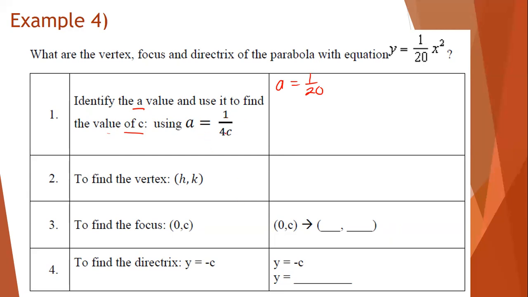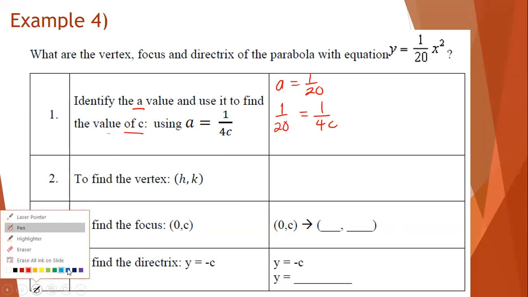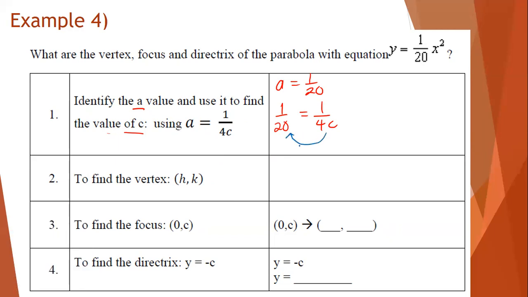And since a equals 1 over 4c, we have 1 over 20 equals 1 over 4c. And in this case, it's pretty straightforward. You can ask yourself, what times 4 gives me 20? 5. So c has to equal 5.